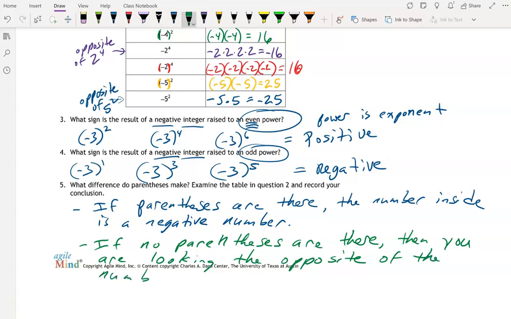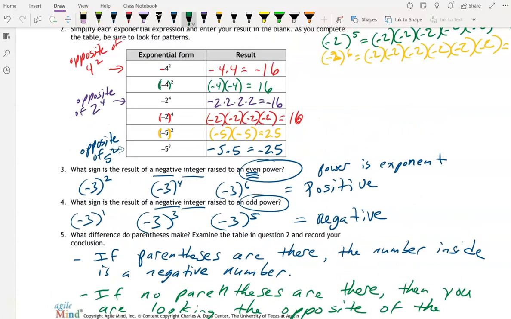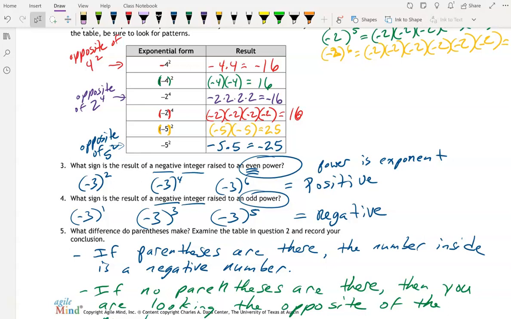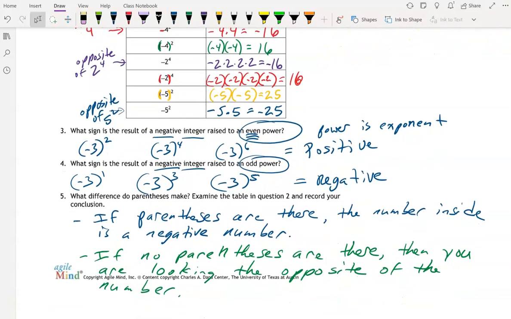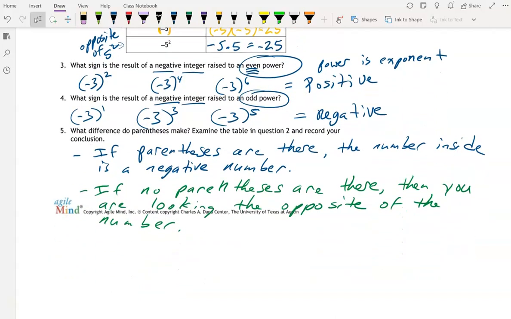And we demonstrated that in the table in number 2, where when the parentheses weren't there, we were looking at the opposite of 4 to the second power, or the opposite of 2 to the fourth power, or the opposite of 5 to the second power. That's going to be negative no matter what, when you're looking at it that way. So the parentheses make a very, very big difference. So make sure that you are paying attention to if the parentheses are there or not, because it makes a big difference.